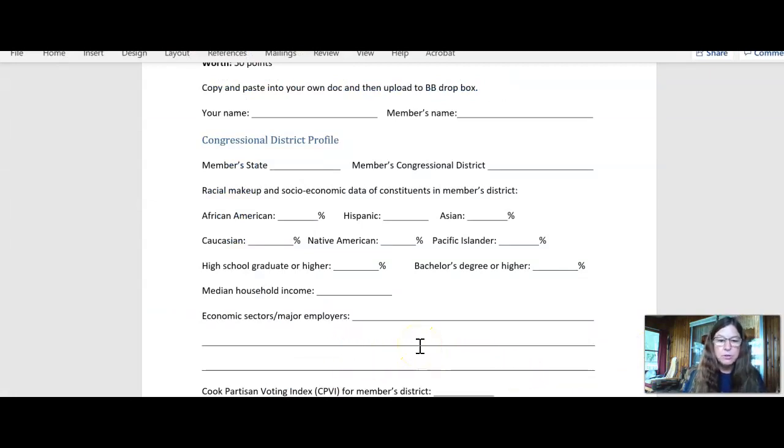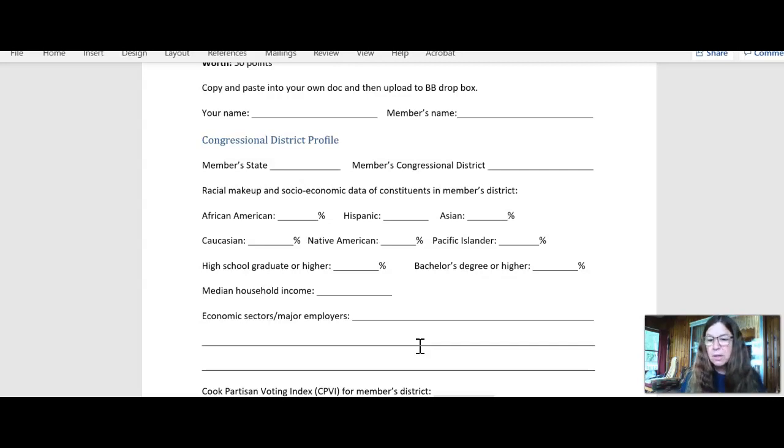Economic sectors, major employers. So this is an important piece to have because the representative is certainly going to be beholden to the voters of his or her district, and in this case, Carolyn Maloney's. We want to know what kind of businesses are there in that community that are providing jobs. And so you're going to want to look and see.